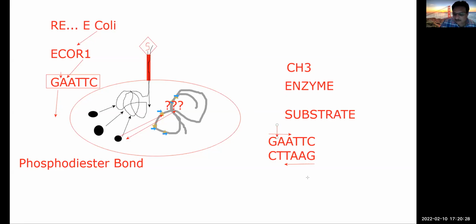Between G and A, between G and A. So such, for example, like words like madam, right? It can be read in a similar way from either side. The sequence will be the same.